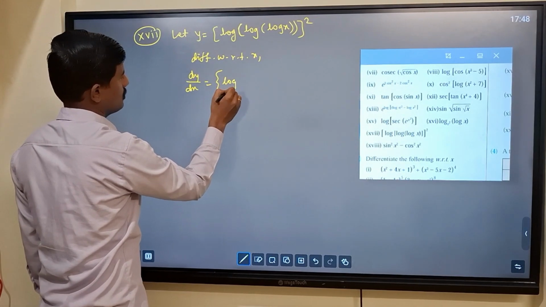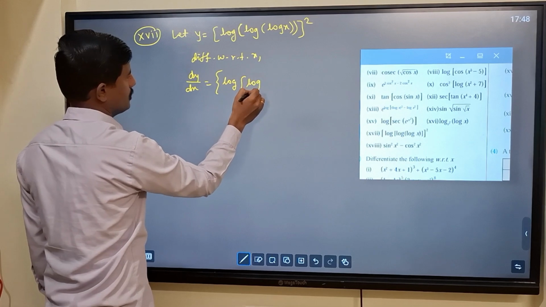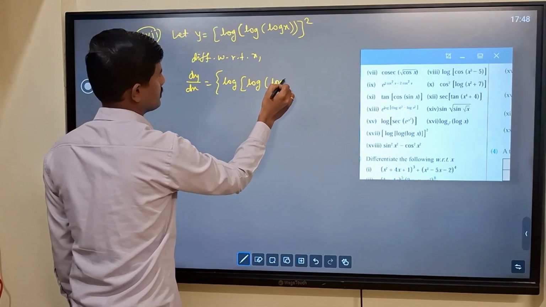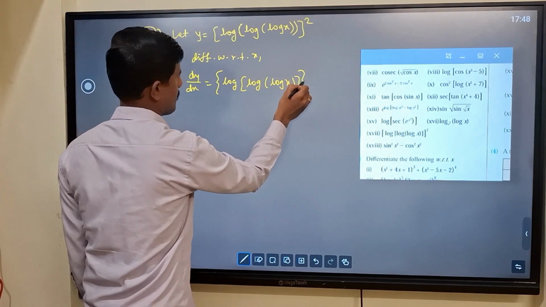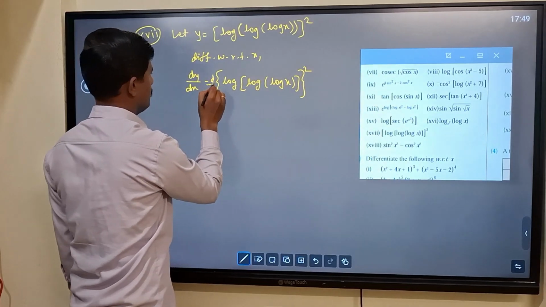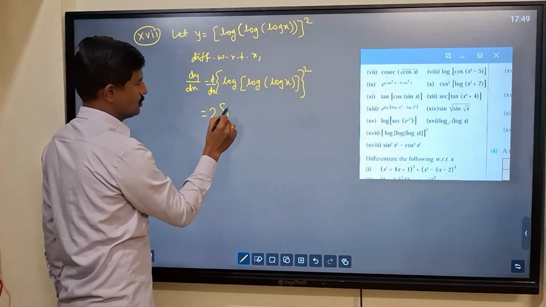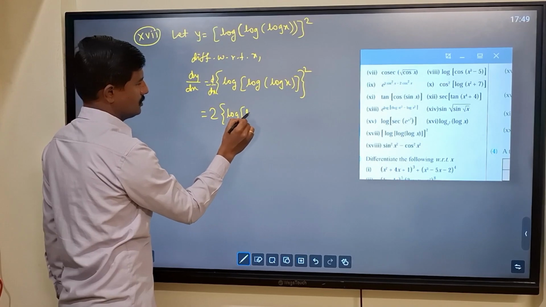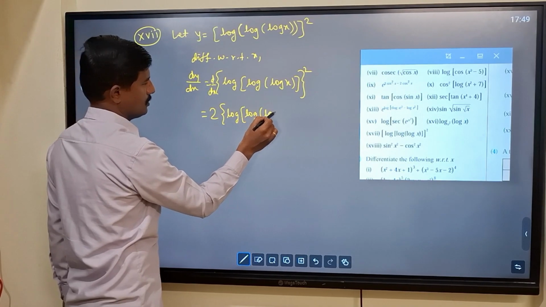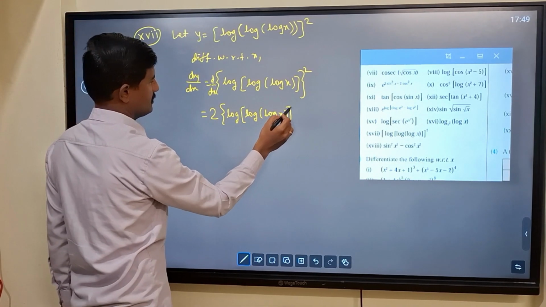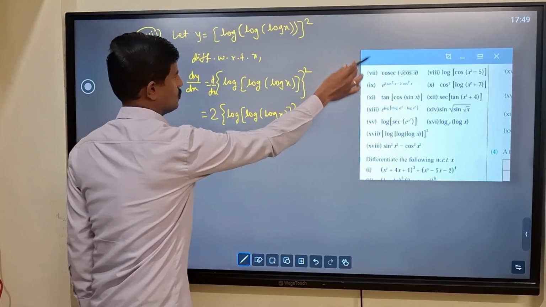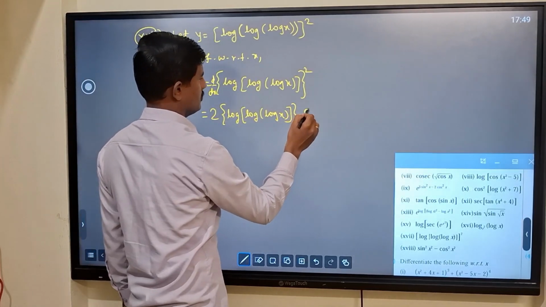This one becomes log of log x, so this will become 2 log of log x raised to 1, since 2 minus 1 is 1, times d/dx of log of log x.